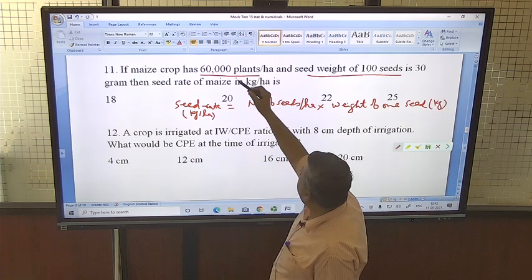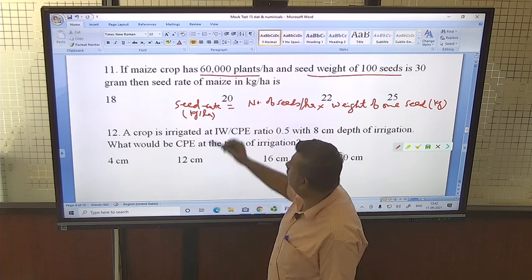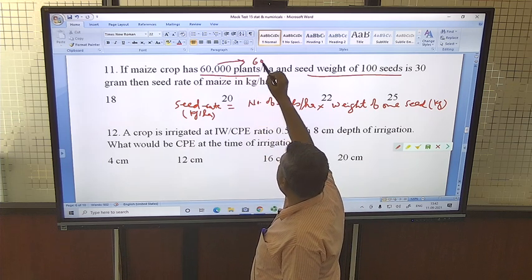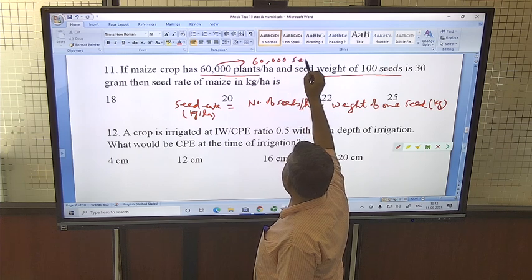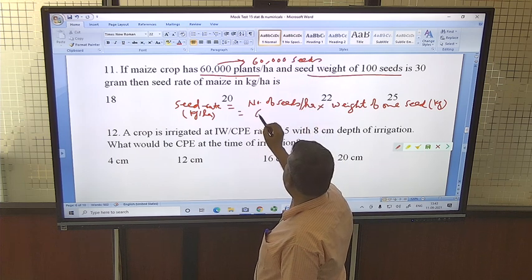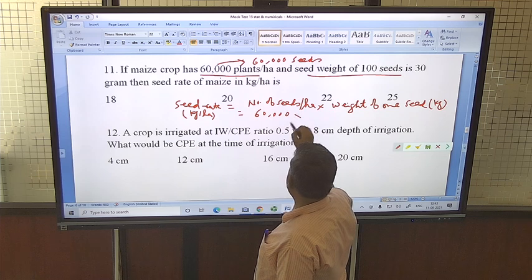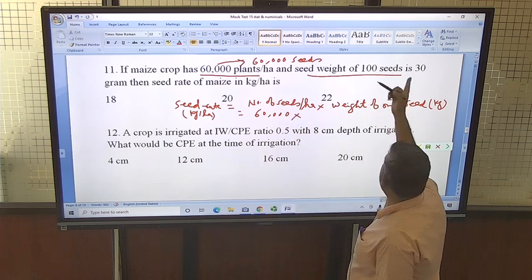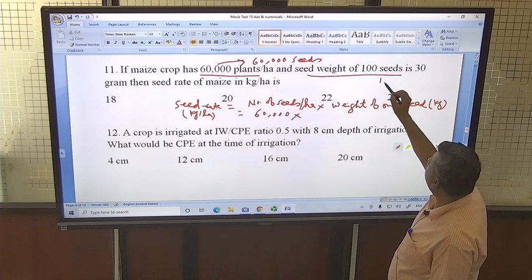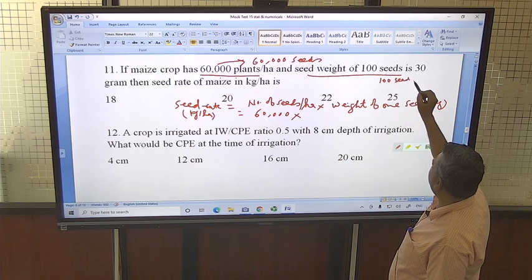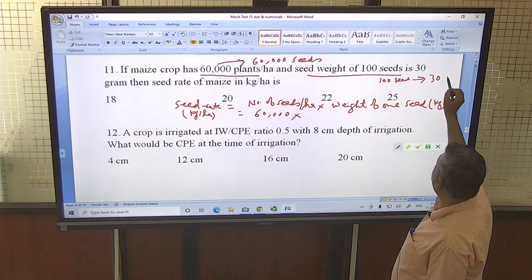So plants are 60,000, so it means we require 60,000 seeds per hectare. Then 100 seed weight is 30 gram.